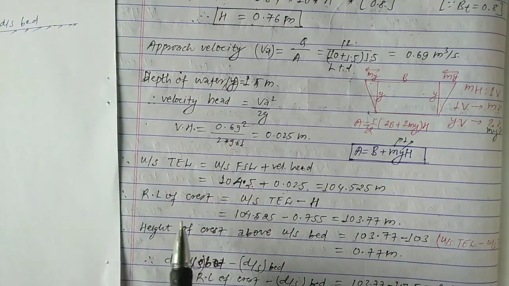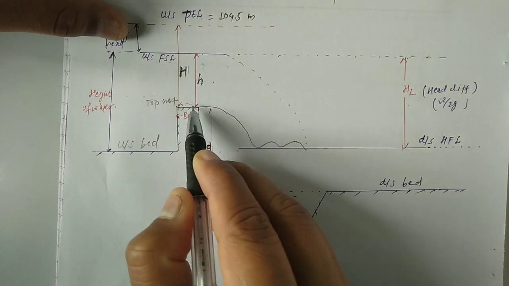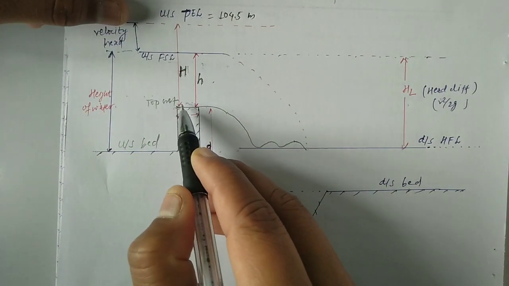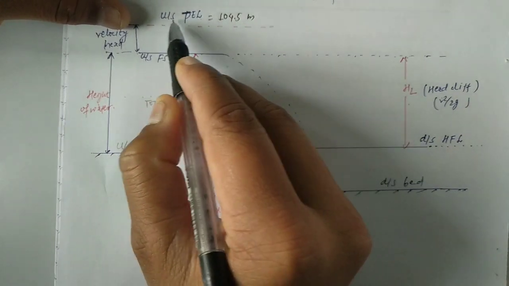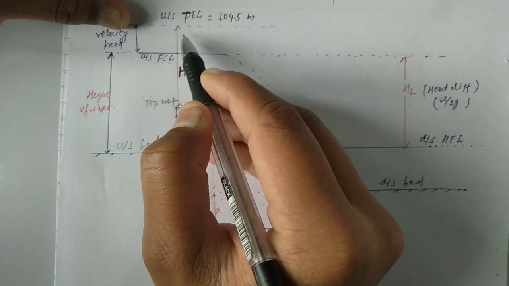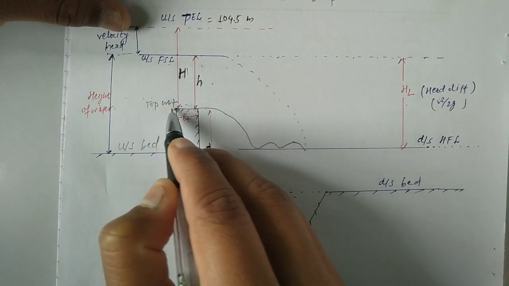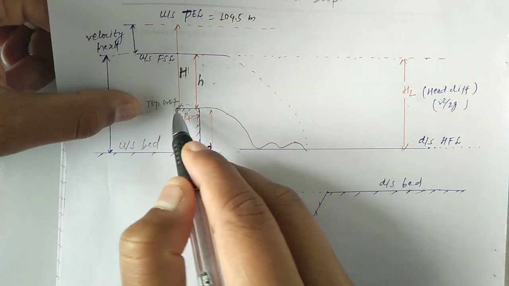Now we have to calculate the RL of crest. The RL of crest is this. For this, we simply subtract the value of H from the total energy line, and we get the value of the top of the crest, the RL of top crest.